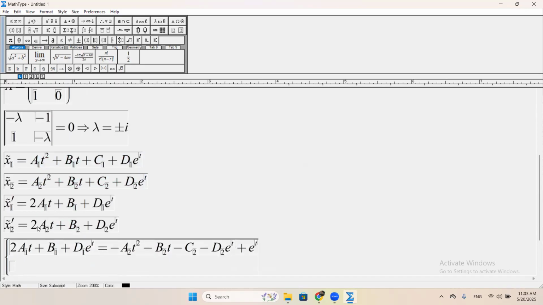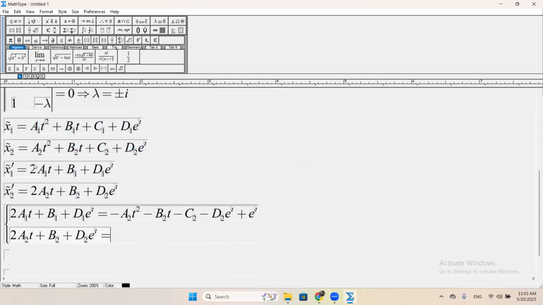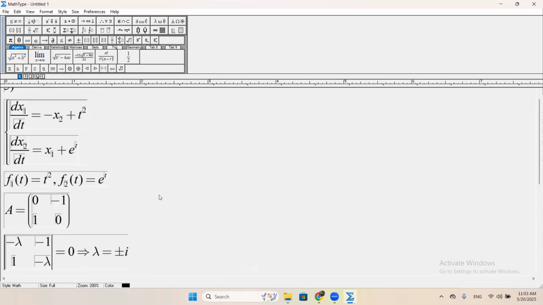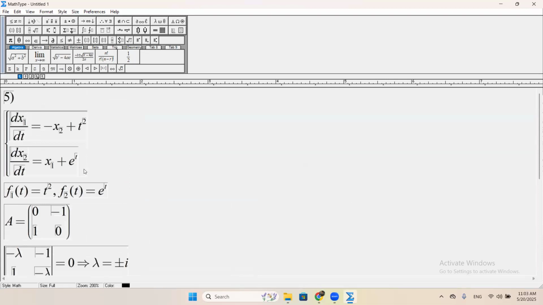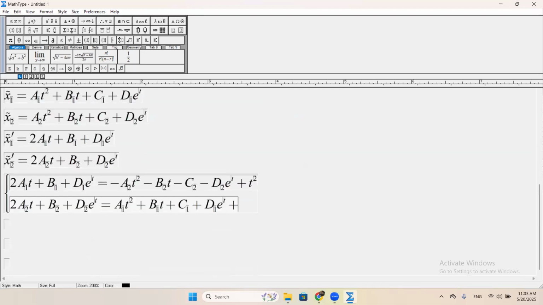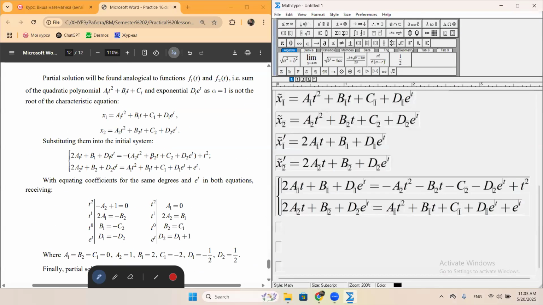Then here, substituting the derivative, and it equals, okay, substituting x1, and, stop, here is t square, and plus e to the power of t. Let us compare with the system. Yeah, actually everything matches.